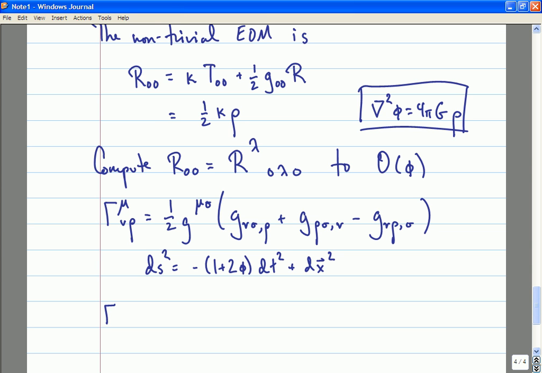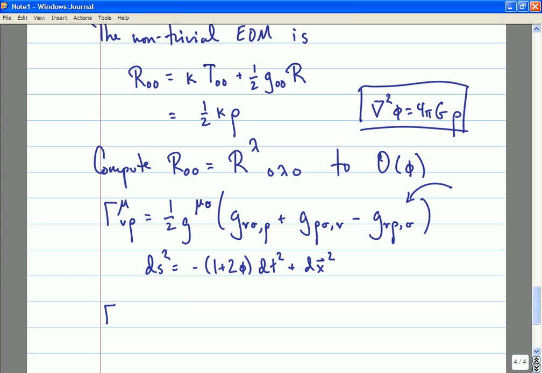The second thing we notice is that we're considering static configurations where phi is time independent. So in order to get a non-zero derivative, what we need is a term g00,i, where we're taking the spatial derivative of g00.